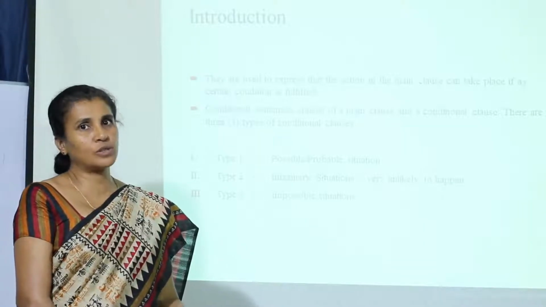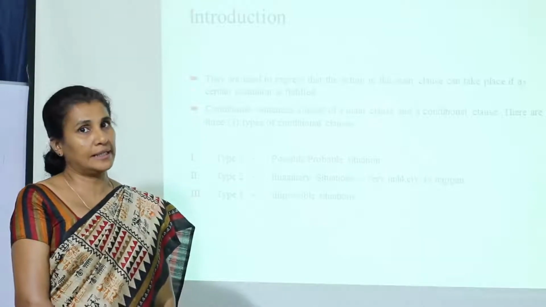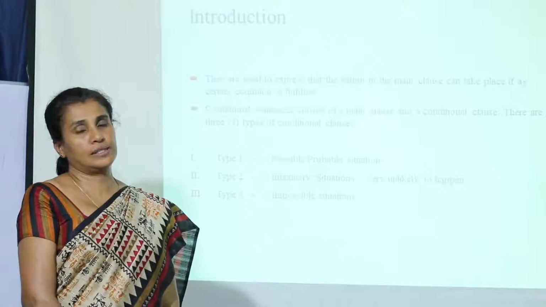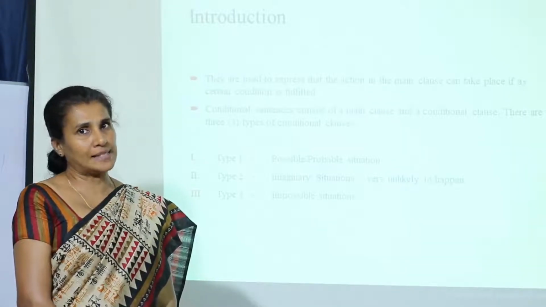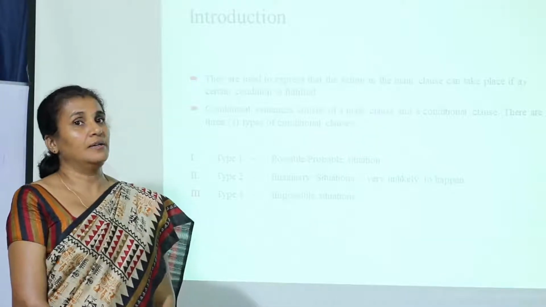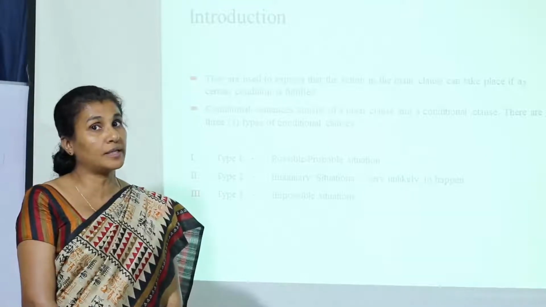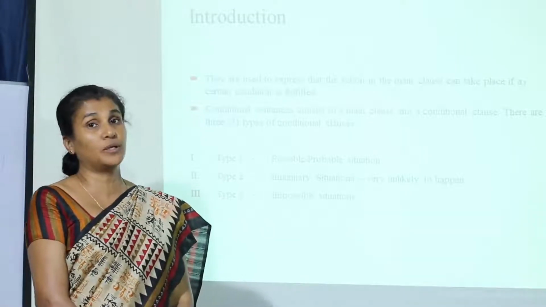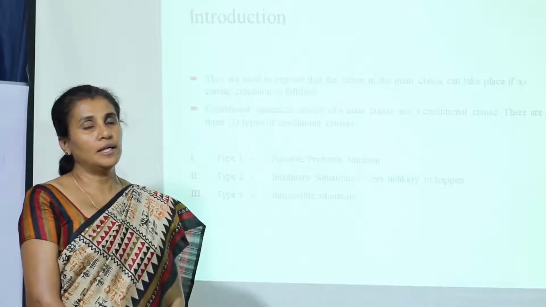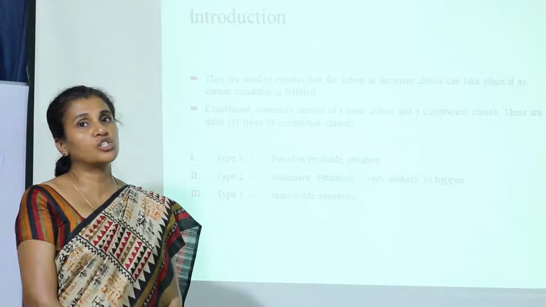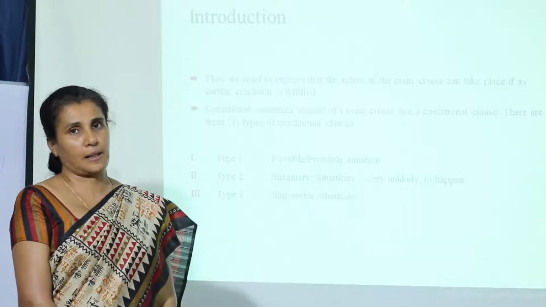If the if conditional clause is completed, then the action in the main clause can be completed. As an example, you are facing your O-level examination next January. So we can say, if we study hard, we will get through the G.C.E O-level examination with flying colors.